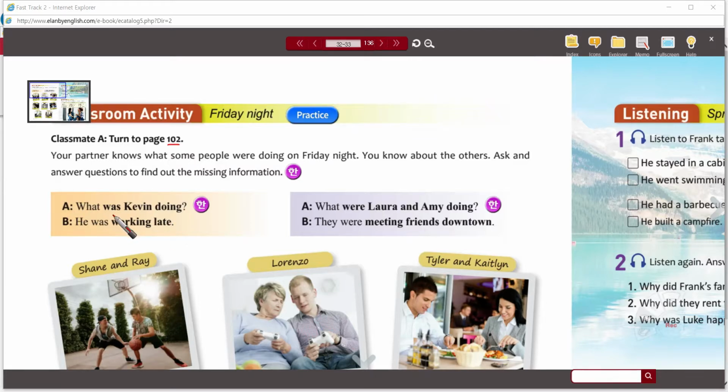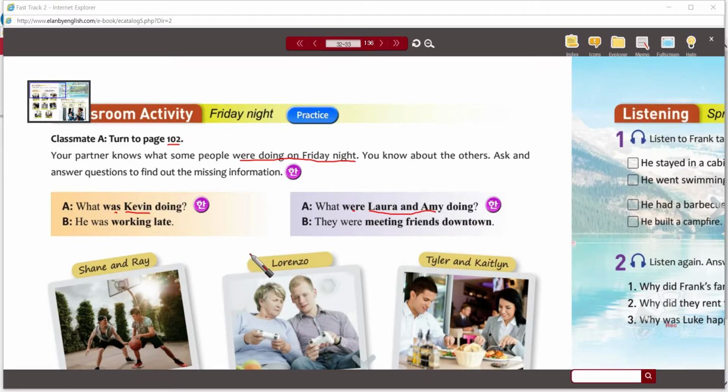They're given two prompts to talk about either one person, or maybe a group of people, maybe two or more people. And you're going to talk about what these people were doing, okay, on Friday night. Not now, but last Friday at night. What were they doing? What was he doing? What was she doing? Okay.